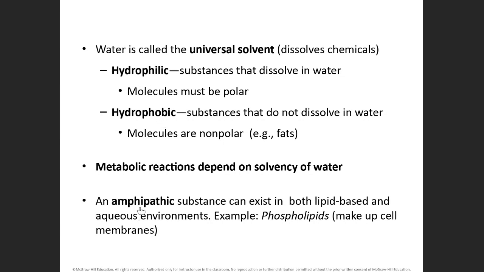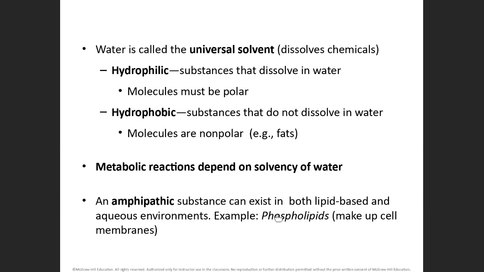Okay, another term related to this is amphipathic. Amphi means both. Like, think of amphibian, the frog. Amphibian is called amphibian because it lives on both land and water. So if something is amphipathic, that means this is a substance that can exist in both hydrophilic and hydrophobic atmospheres.